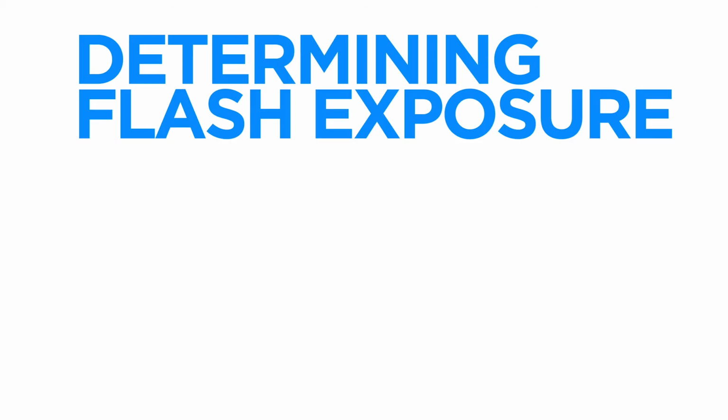So how do you decide how to make a flash exposure given these five variables, or what tools do we have for helping us to do that? There's two basic ways. The first is called TTL, and that stands for through the lens.